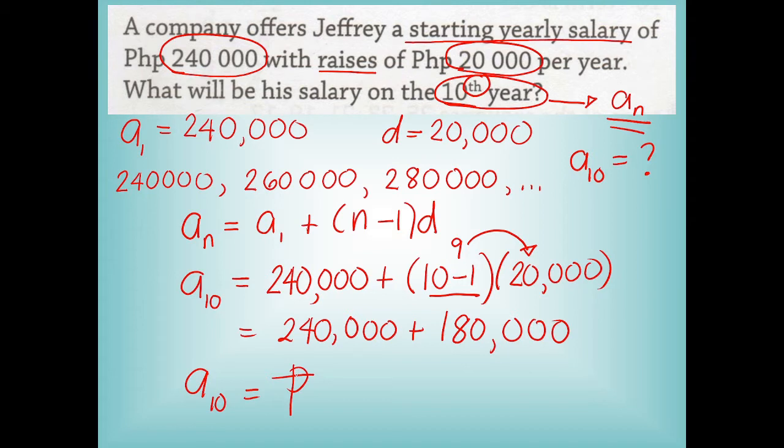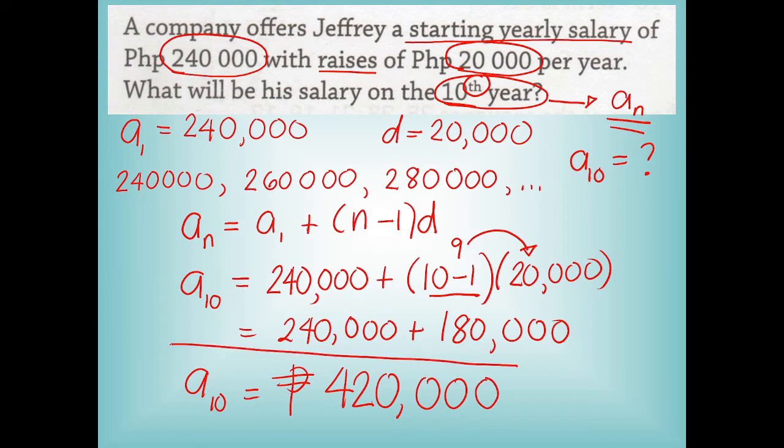So meaning Jeffrey will be earning 420,000 on the 10th year. That's his yearly earning during the 10th year. Any questions about problem number 1? Okay, everything is clear. Let's go to problem number 2.